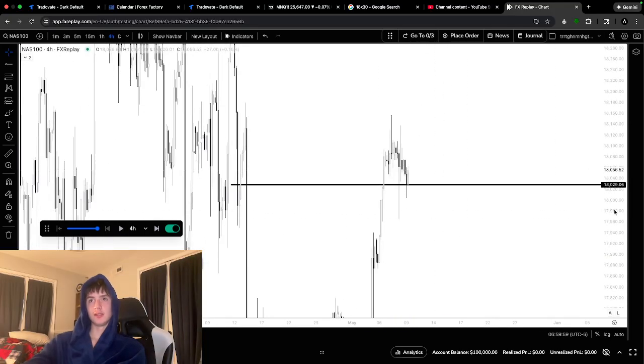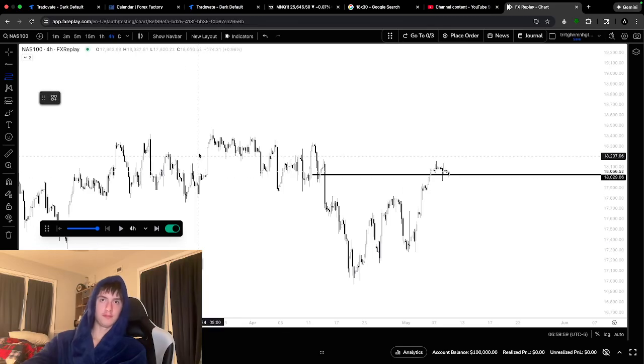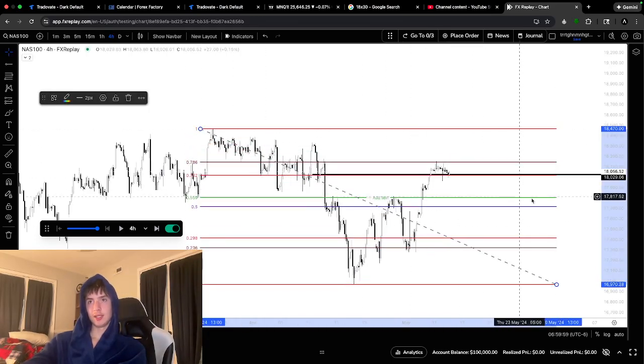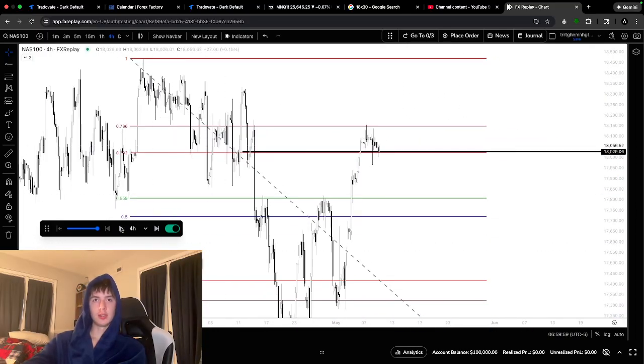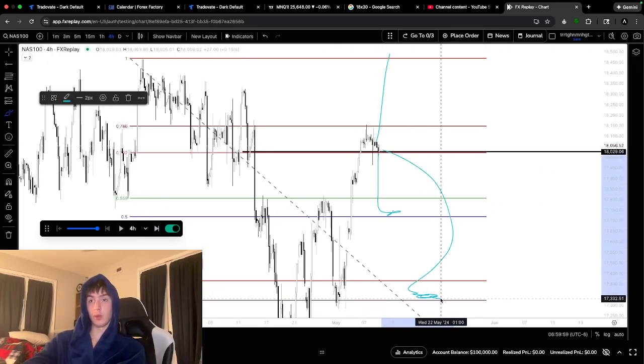Okay, we're hesitating in this area. This is the retracement area, directly at this level right here. We might push higher, we might come down. Sometimes price just keeps on pushing, sometimes it comes down to here, and sometimes it comes down all the way here. It's one of those three.